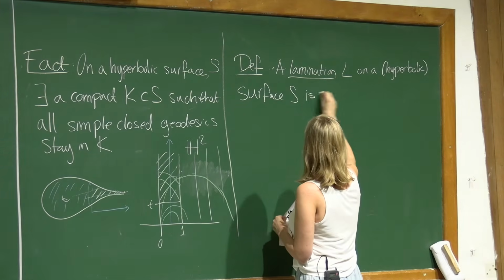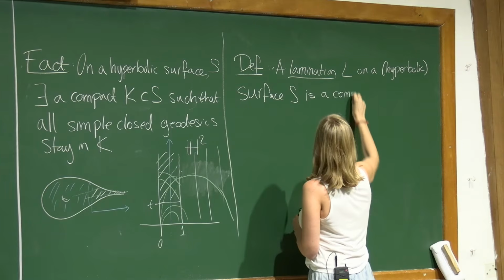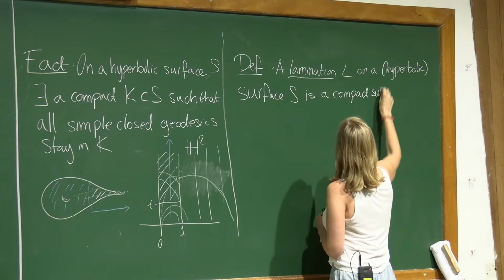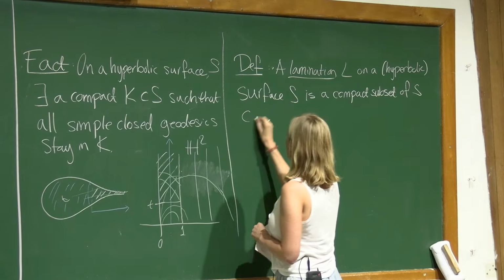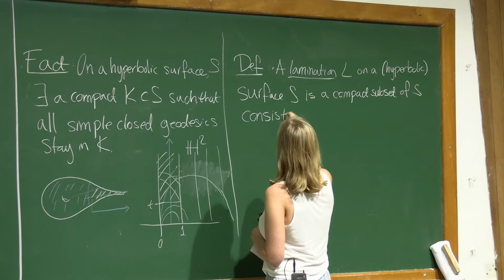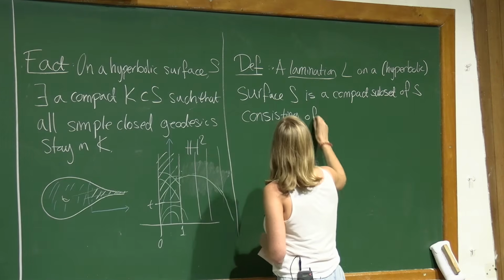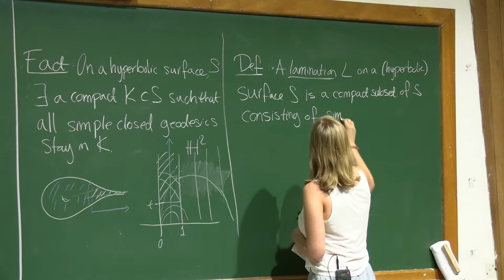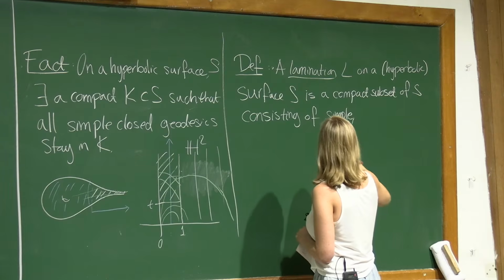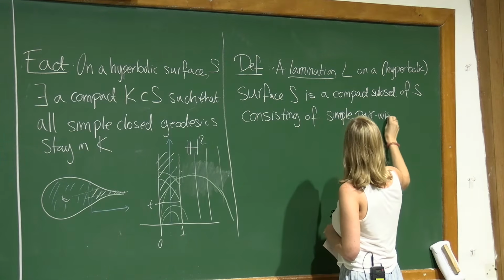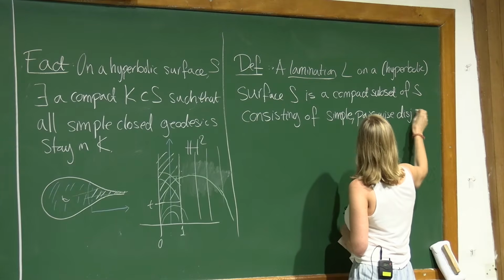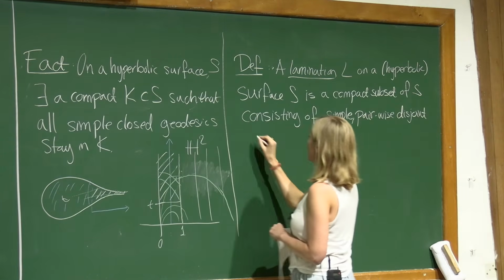It's a compact subset consisting of simple, so no self-intersections, pairwise disjoint complete geodesics.